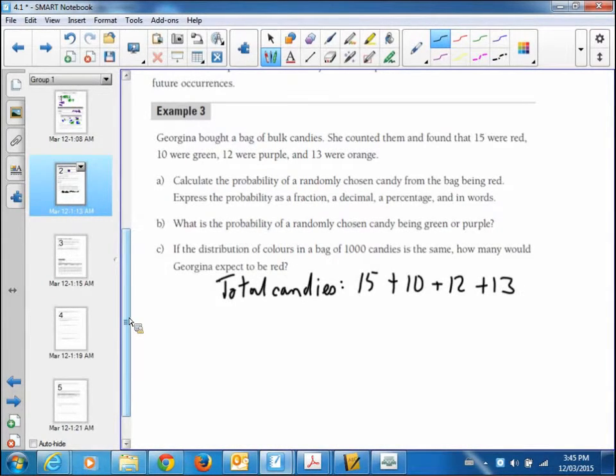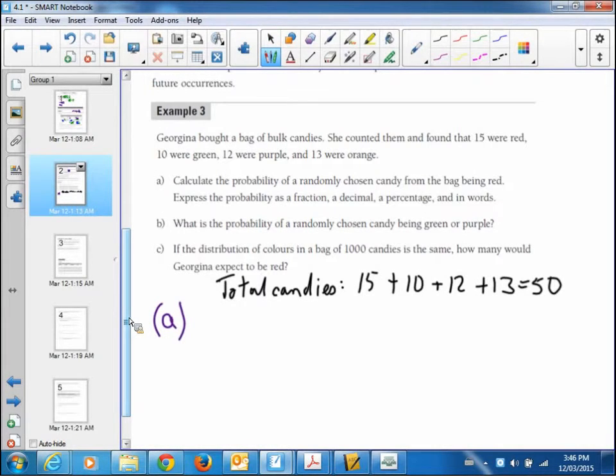Okay. Add here: 25, 35, 37, 50. Hopefully I'm not wrong. 50 candy. Yeah, I'm just thinking it through. Yep, 50. Now I'm ready to cook with gas here, get to the answers.